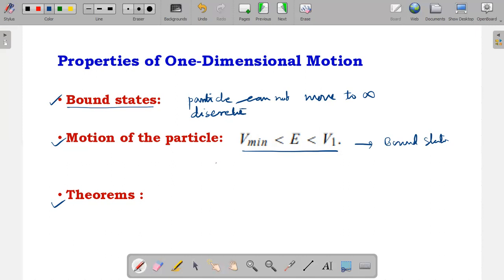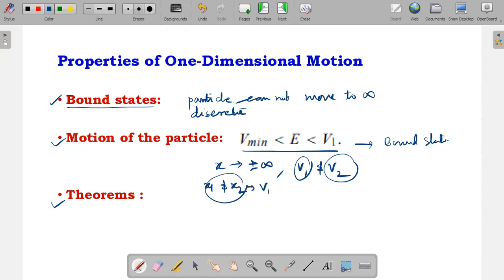For x tending to minus infinity you will get V1, and for plus infinity you will get V2. In classical turning points x1 and x2, the particle energy lies between V1 and V2.